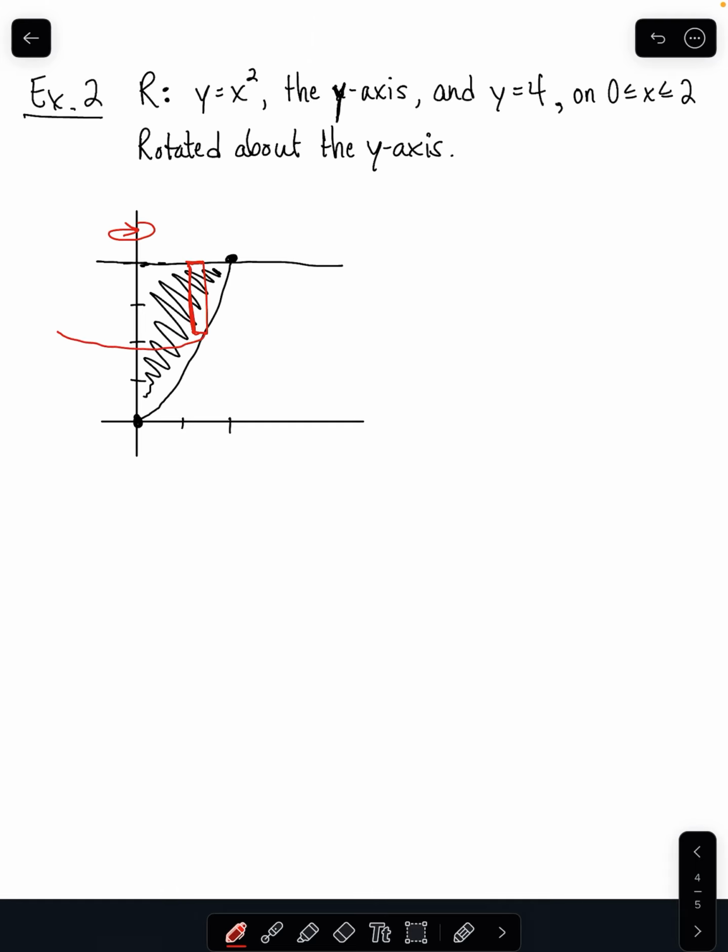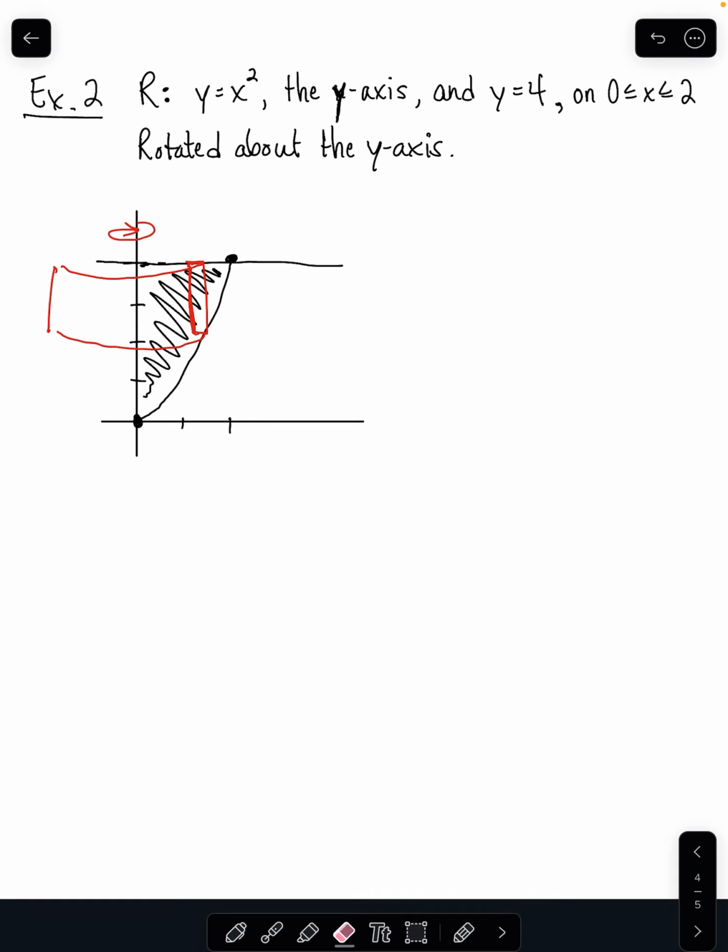We would get what's known as a cylindrical shell, which we are not quite ready for. We will get to that in a future lesson. And we don't have a formula for that just yet. Again, we will see that in a future lesson.